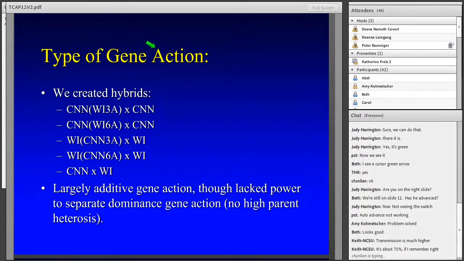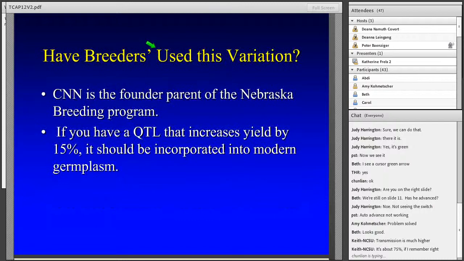And many of them were similarly not significantly different from the high parent, which said that there was no way we could see if there was really dominance. But everything kind of looked like it was somewhere between the mid-parental value and possibly, but generally not as high as the high parent. So if there was dominance, it was small dominant gene action, but it looked like mainly additive, which is what we historically find in wheat.